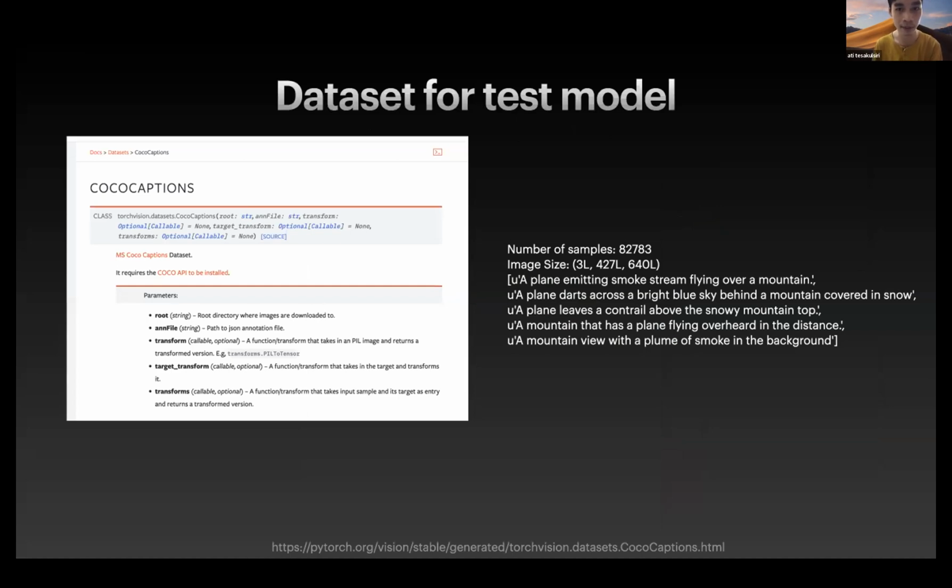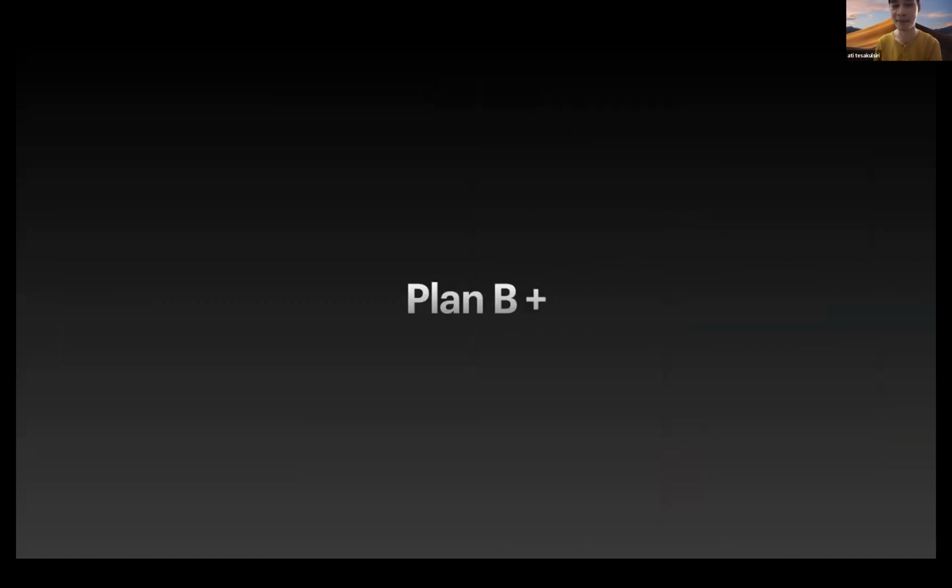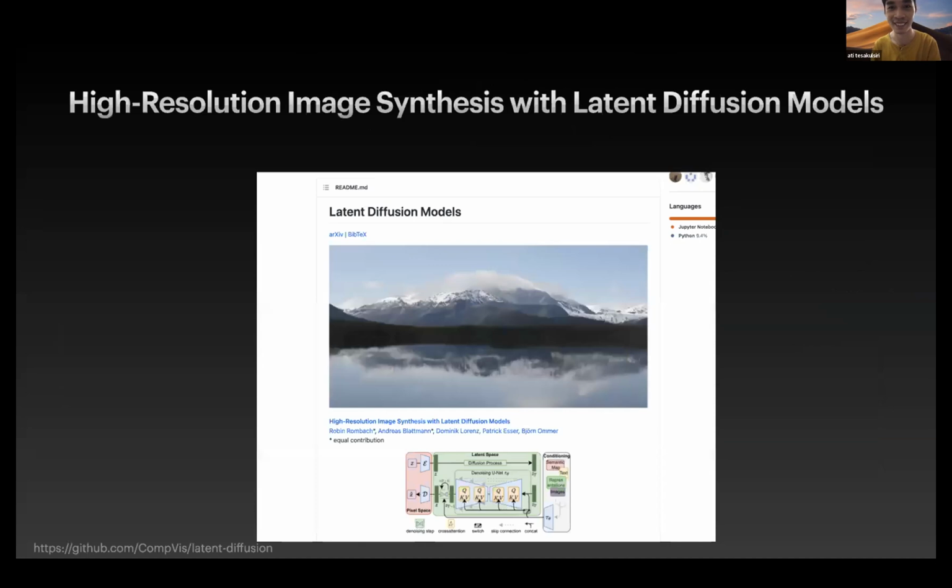If my computer is not powerful enough, I might downsize the samples to 32 by 32 images, but I would still like to use color images. For my plan B, if this is too easy, I might go with this one, but I'm not sure how to do it.